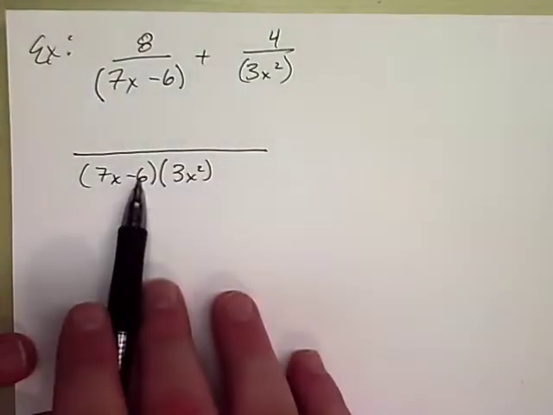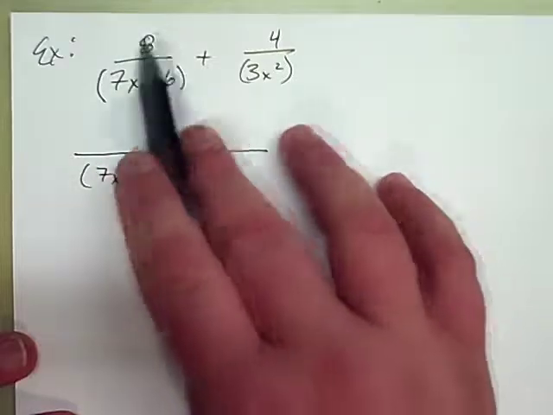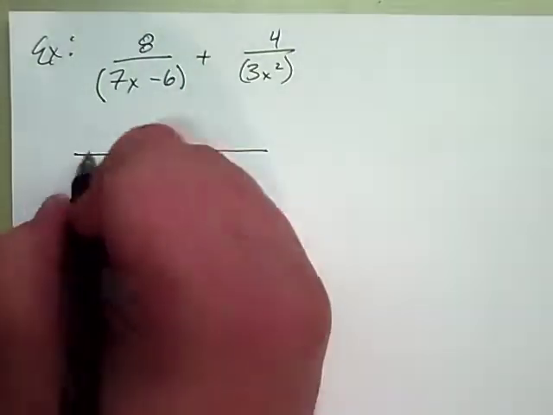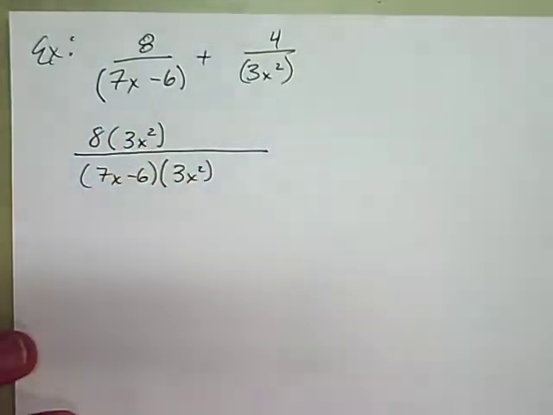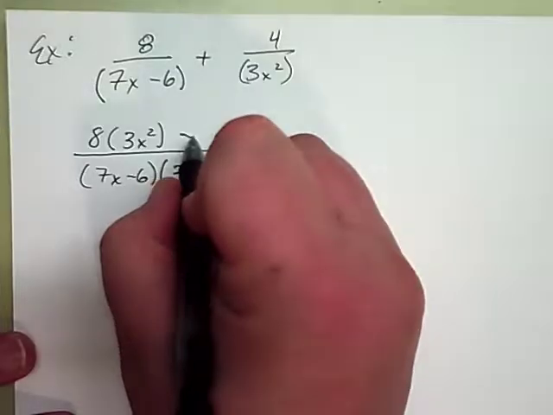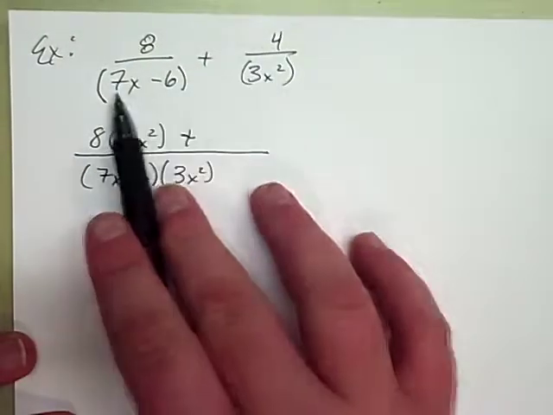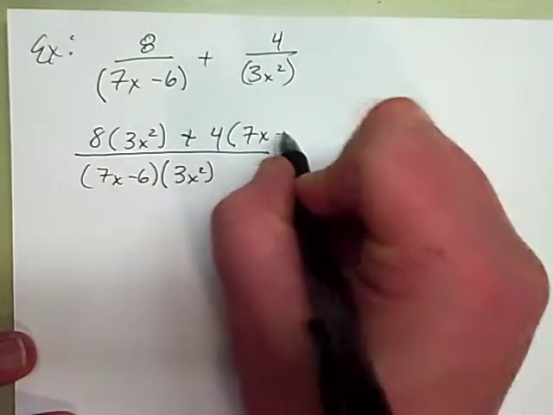Now, I need to ask myself, what is the first numerator missing? Well, the first numerator is missing this guy. So I have 8 times 3x squared. Plus, now here's my plus sign. And then I have a 4 times this guy. So I'll have 4 times 7x minus 6.